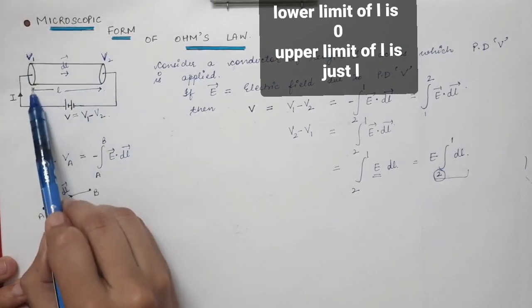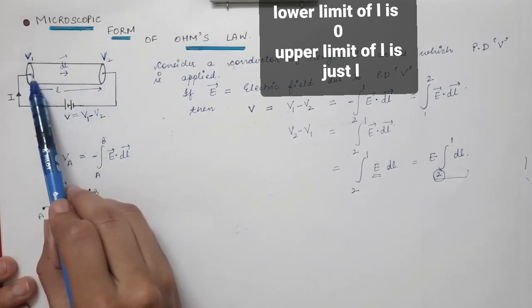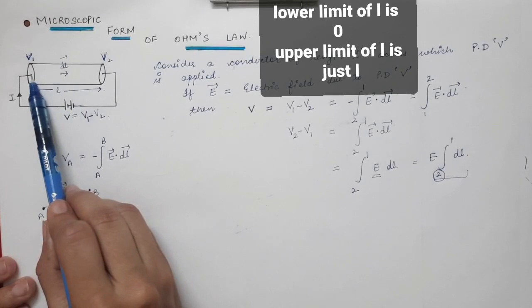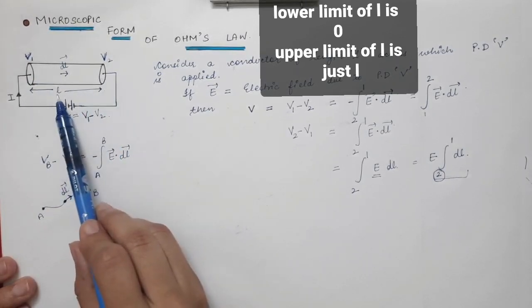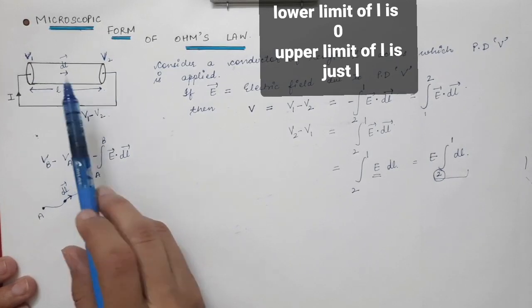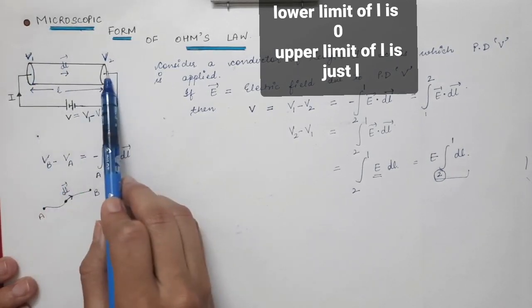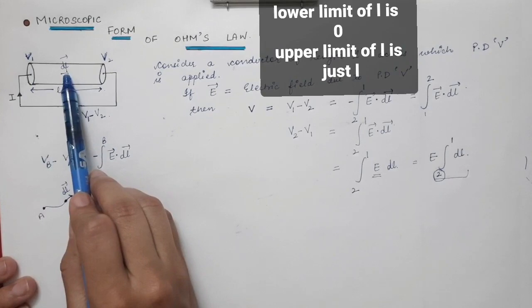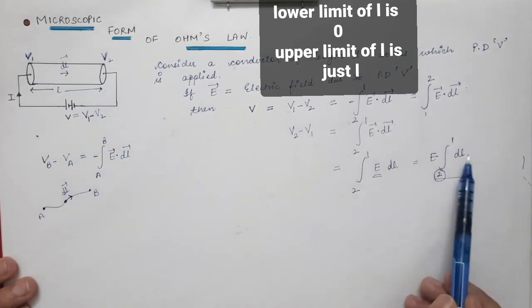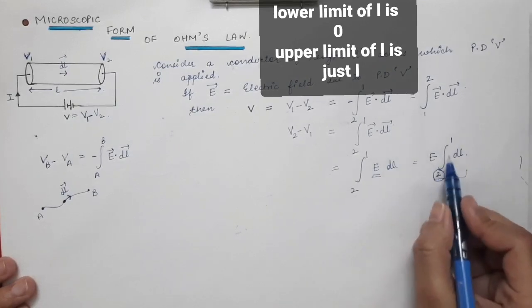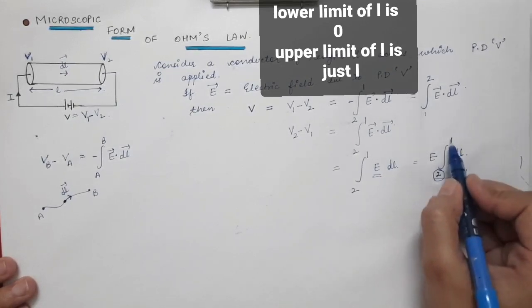So at this point the length of the conductor, or you can say the lower limit of dl, is equal to 0, and the upper limit of dl is equal to L, which is nothing but the length of the conductor. So when you are moving from this point to this point, the limits of dl will be from 0 to L. But in this case we have integral limits from 2 to 1.